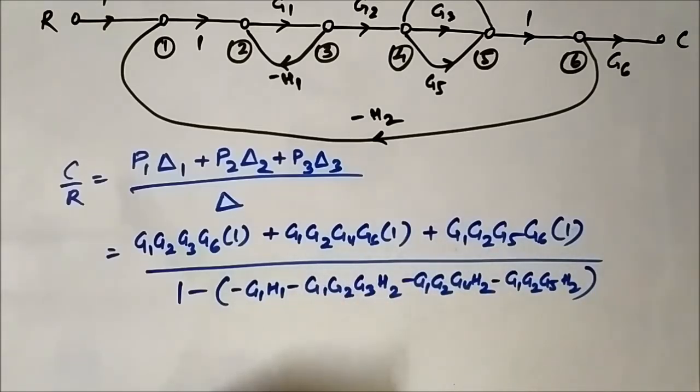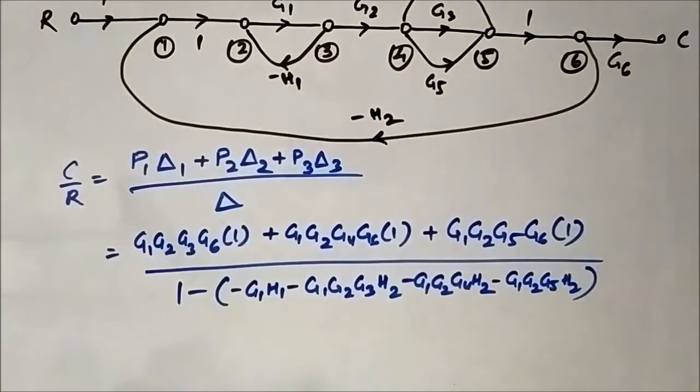So we have determined the transfer function of the given system. First it was given in block diagram form, we converted it into a signal flow graph using the conversion technique, then we used Mason's gain formula to determine the transfer function. These questions can be a little bit lengthy, it can take up to 10 minutes.